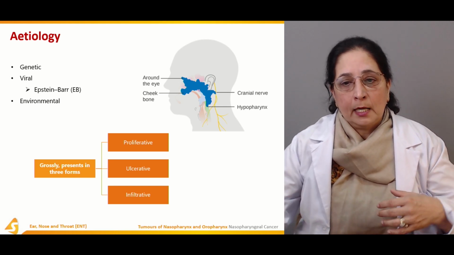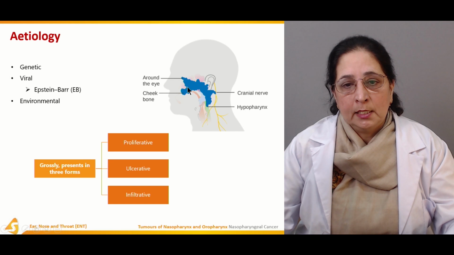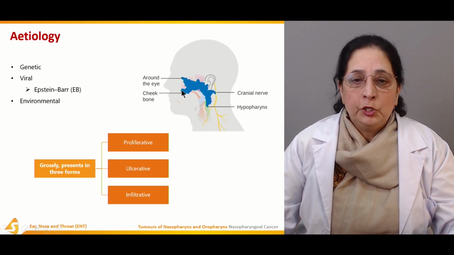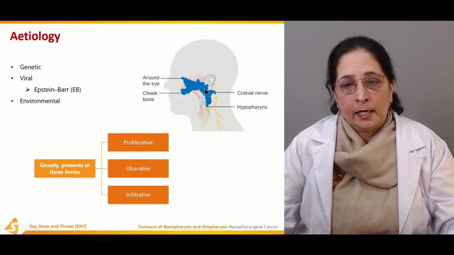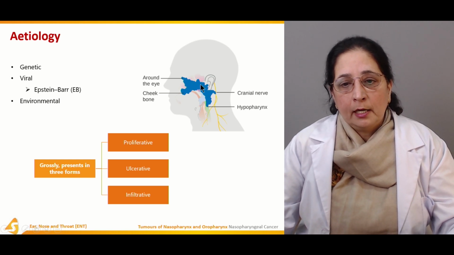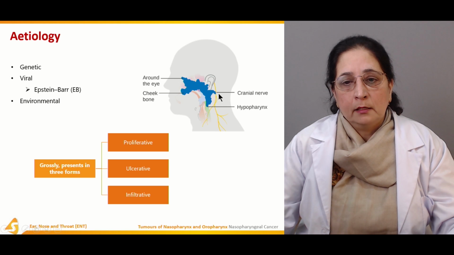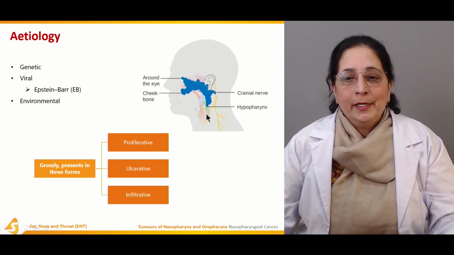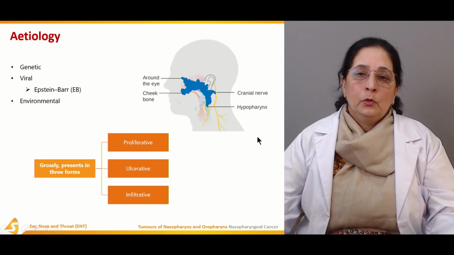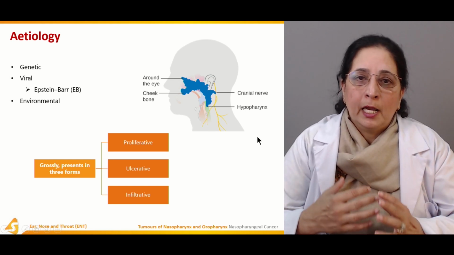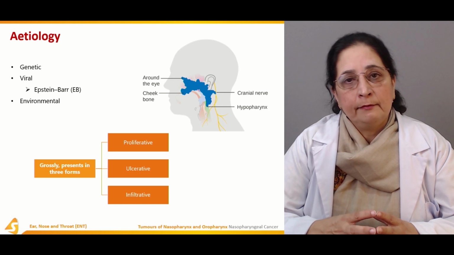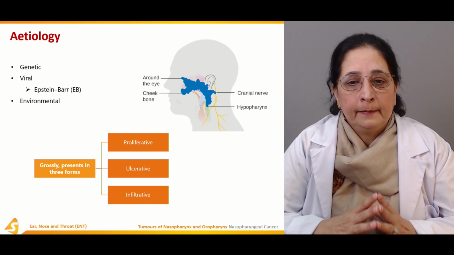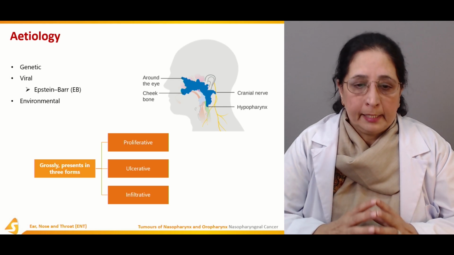So three types are present here. Again, you can see the cancer getting bigger and spreading to the eyes, and then we have the cheek, and then the cranial nerves. The nerves are behind, and it is spreading to the cranial nerve also. So the infiltrative type, then we have the proliferative, and then the ulcerative type of nasopharyngeal cancer.